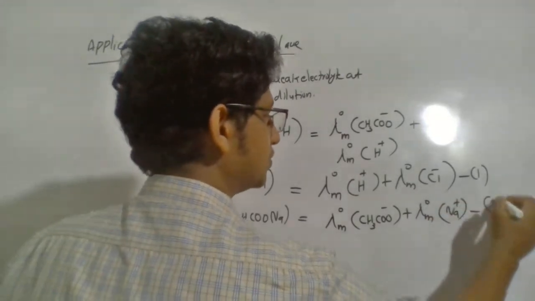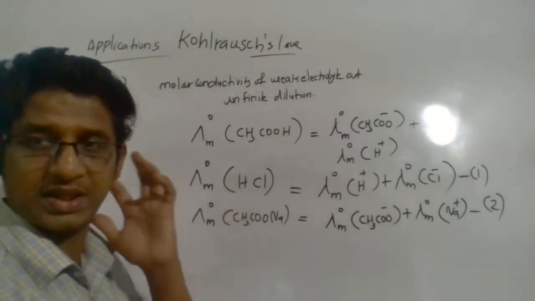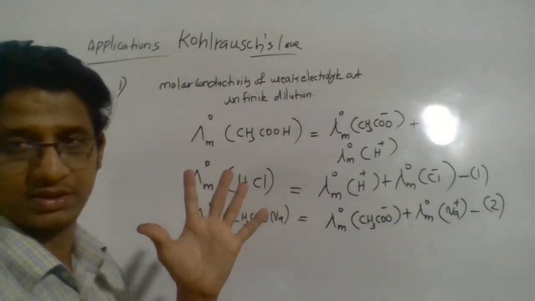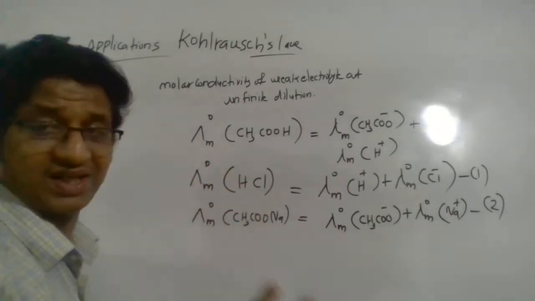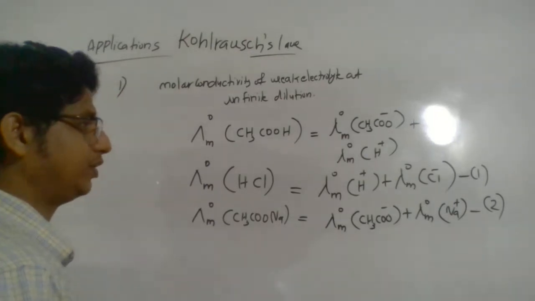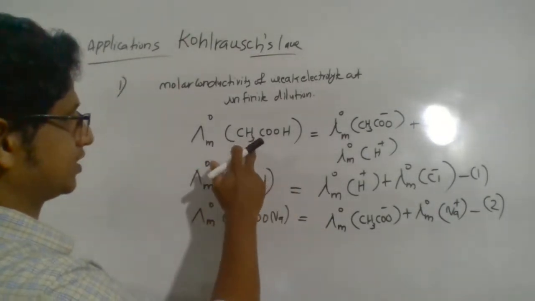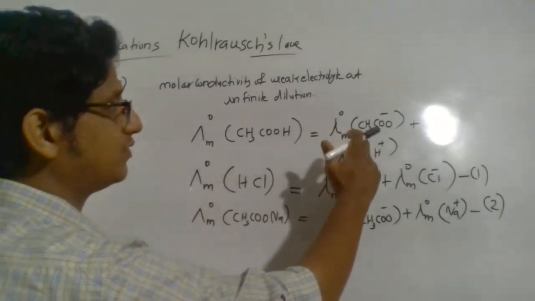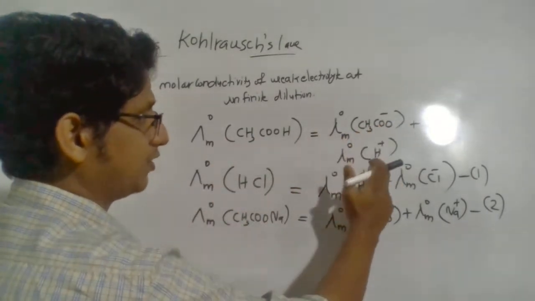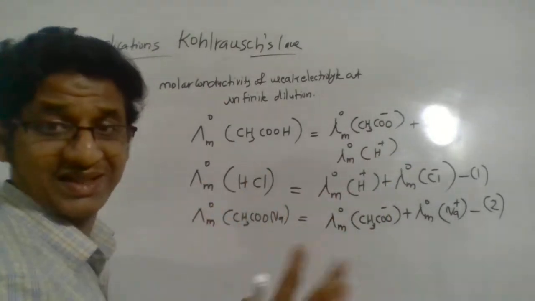Let it be equation 2. Now, for a strong electrolyte, we know molar conductivity at infinite dilution can be determined. That we already discussed. So HCl and CH3COONa are strong electrolytes. Now, having this value, you can calculate the molar conductivity of acetic acid as well. Look at this. We want now the summation of molar conductivity of acetate ion and molar conductivity of H plus ion. If you have that value, that's enough.